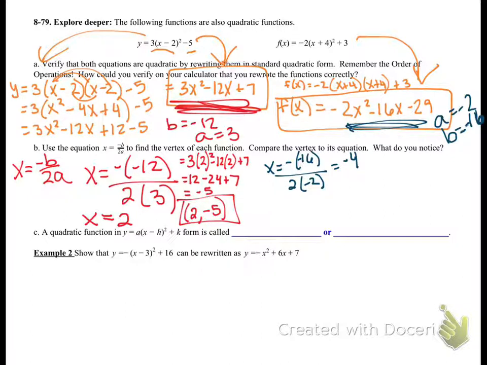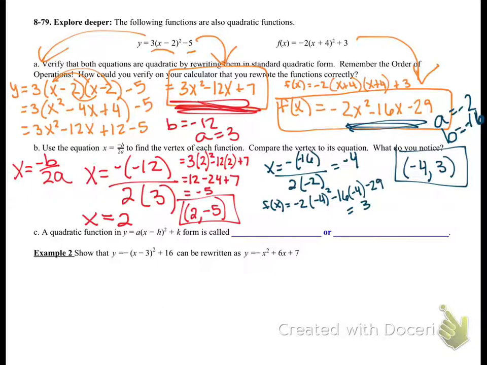If I plug negative 4 into my standard form, I get f of x equals negative 2 times, and when I simplify that all out, I get a 3. So my vertex for this guy ends up being, well, my x value was negative 4, my y value is a positive 3.